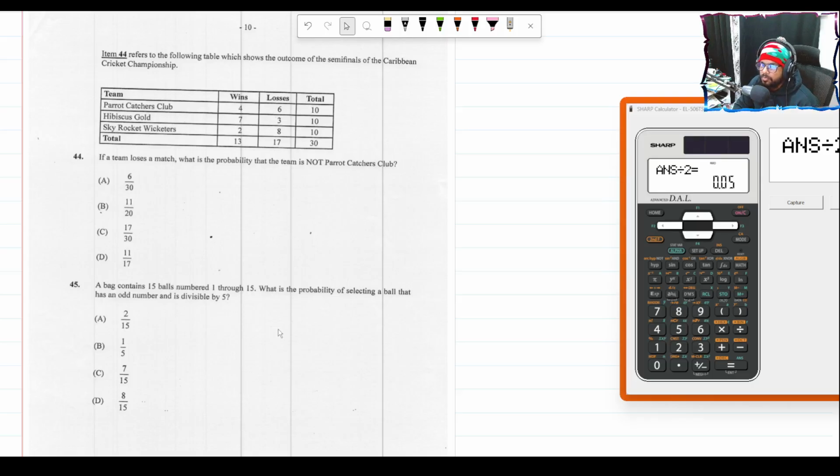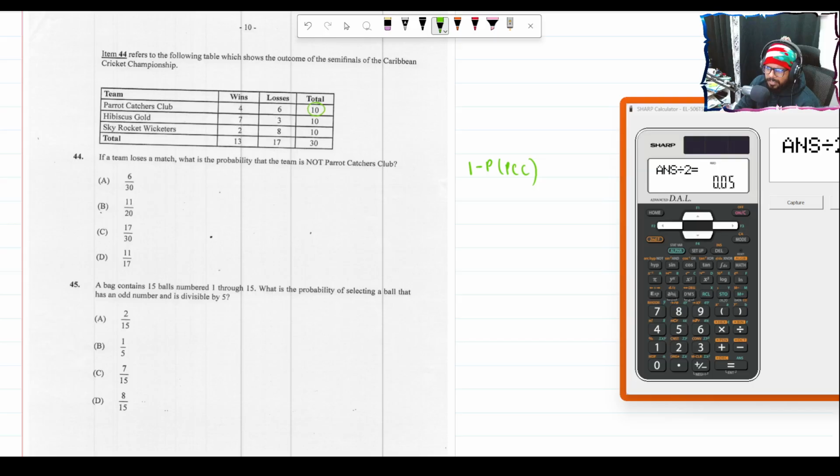If a team loses a match, what's the probability that it is not Parrot Catchers? So the probability that it's not Parrot Catchers is going to be 1 take away the probability that it is Parrot Catchers Club, PCC. What's the probability that Parrot Catchers Club loses a game?